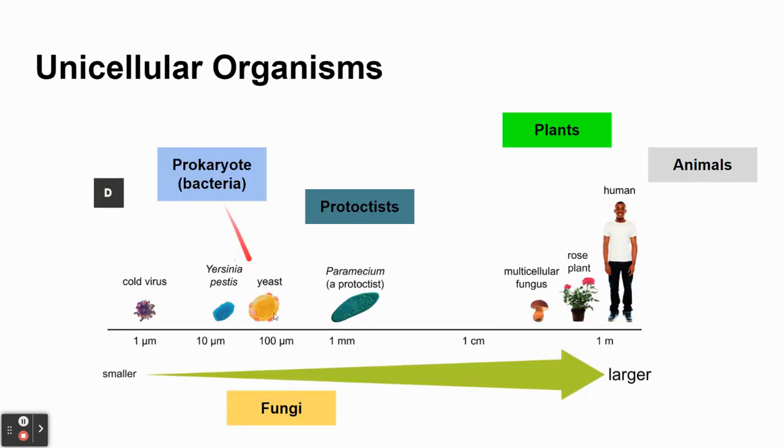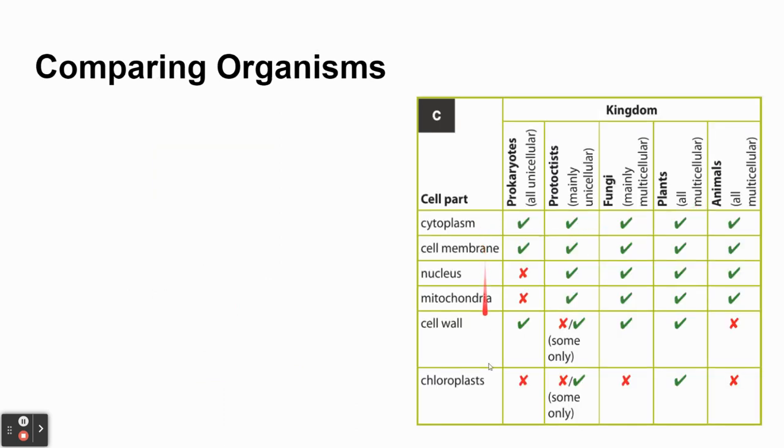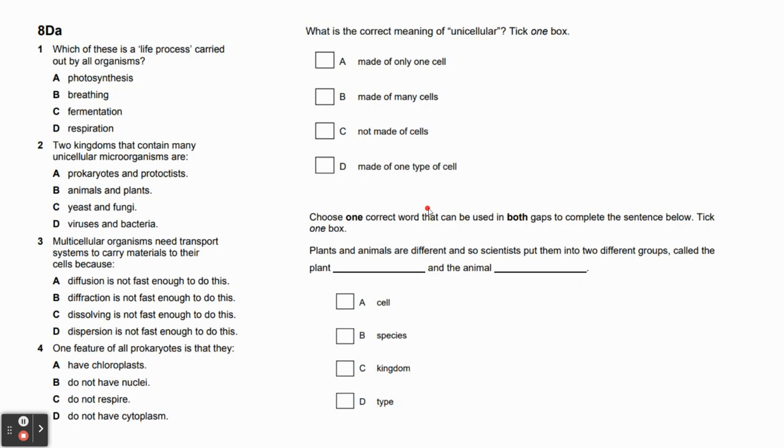We've got the prokaryote, the fungi kingdom, the protist kingdom, and the plant and animal kingdom, and it compares some of the structures that you might find in each of the cells that make up these organisms, whether they're unicellular, like prokaryotes, protists, fungi, or multicellular, like some fungi, plants, and animals. So again, pause the video here, have a go at these 6 quick check questions, and then I will go through the answers once you restart playing the video.